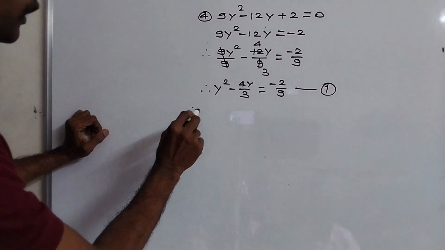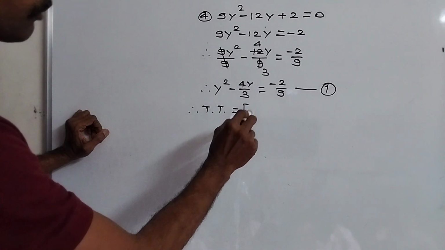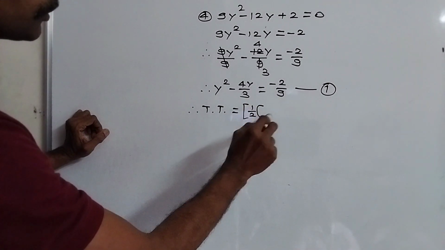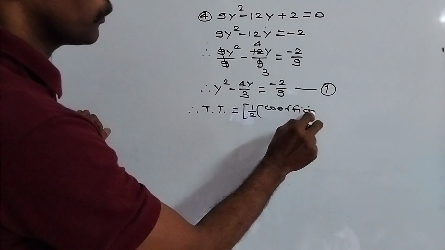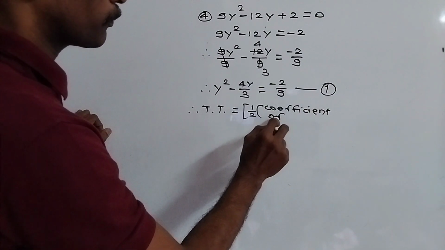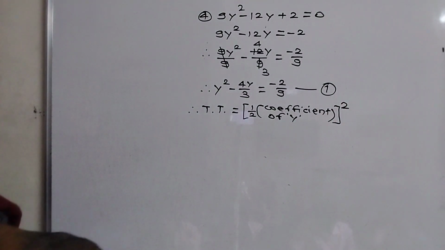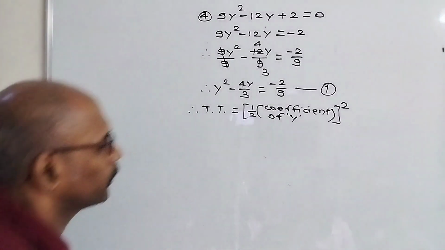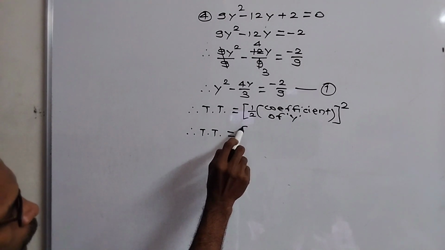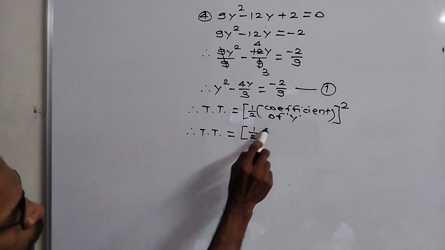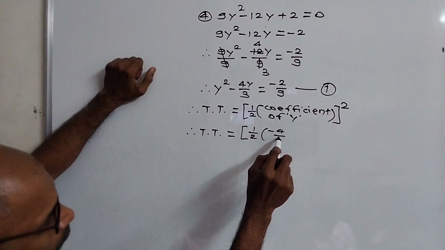Then I told you to find the third term. Third term is equal to 1 upon 2 into the coefficient of y, bracket square. We apply this rule. Then third term is equal to 1 upon 2 into, with sign, minus 4 upon 3.